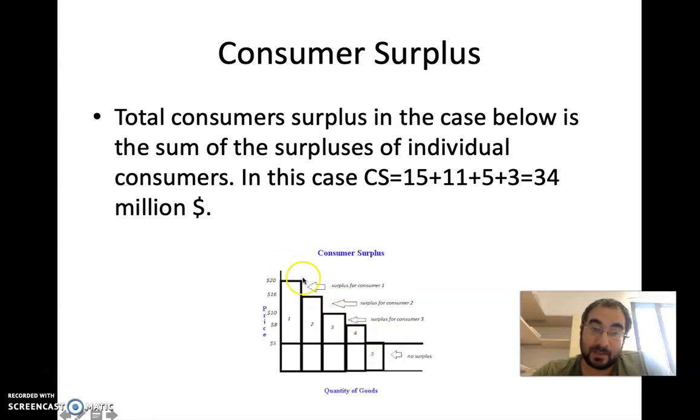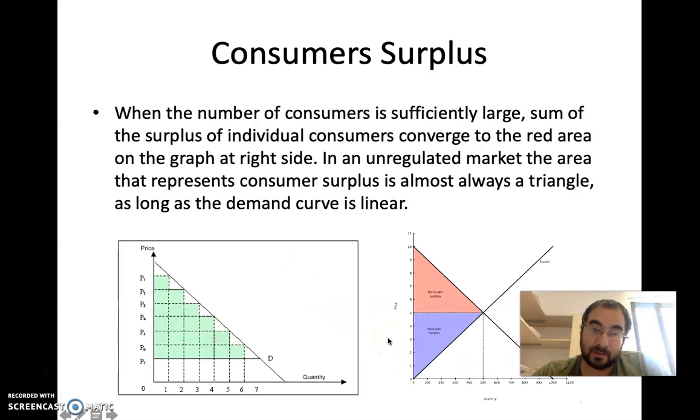If we get the area of the triangle like this, for example, and assume the market price is P3, we get roughly the consumer surplus. The consumer surplus was actually the sum of these rectangles. So the actual consumer surplus is these rectangles minus these small triangles at the very edges of each rectangle.